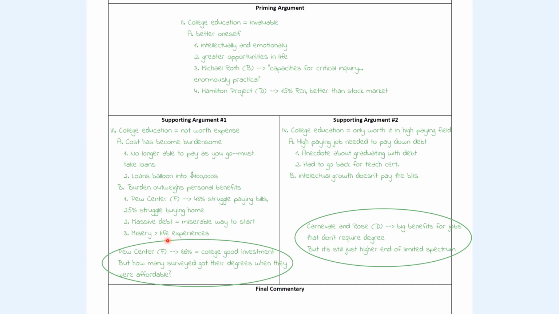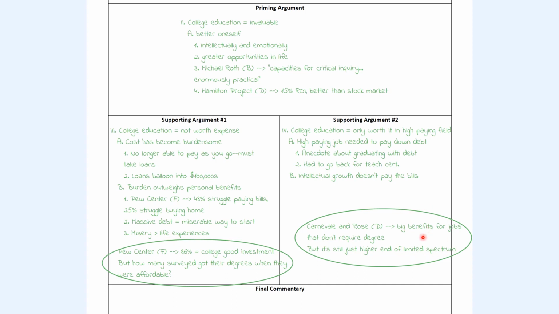However, it says it surveyed adults 18 years or older. So I wonder how many of those surveyed perhaps got their degrees back when degrees were affordable. I'm going to call that into question because they didn't necessarily set aside the subgroup of millennials and Gen Zers who have had to pay much more college tuition.